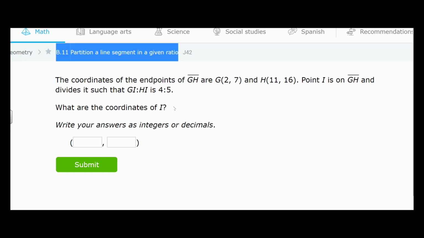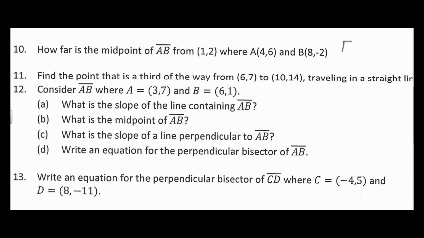Let's talk about how to partition a line segment in a given ratio. Let's begin with question number 11. They give you two ordered pairs. I want you to figure out the point that is a third of the way from the initial ordered pair. Let's call this A and let's call this B. You have some line segment in space.